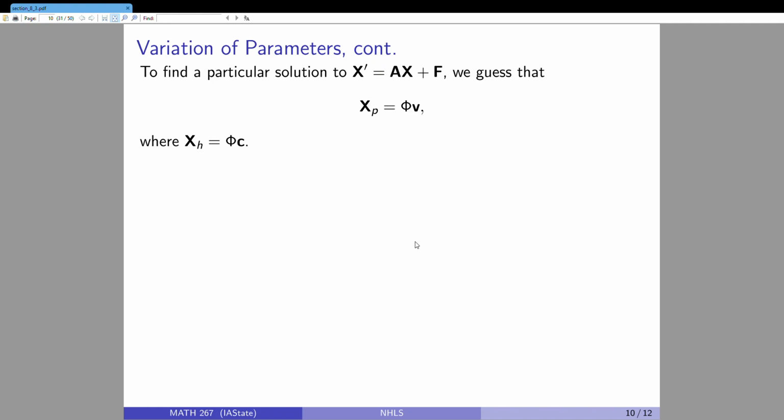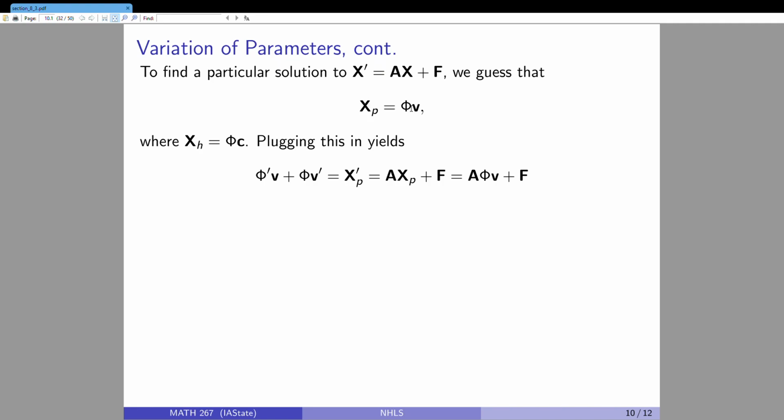Alright, so we are going to then guess that a particular solution looks like the fundamental matrix, the matrix that is formed by taking the solutions and smashing them together as the columns for the matrix, and then we're going to replace C with a vector V that we're going to allow to have unknown functions in it. So C has constants, V will have functions. We're letting it vary.